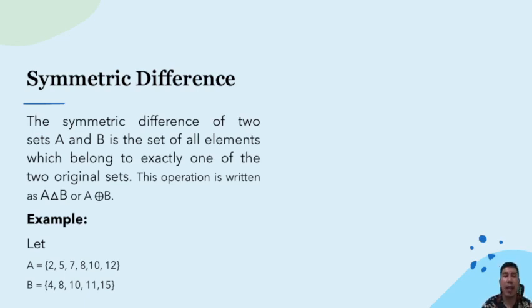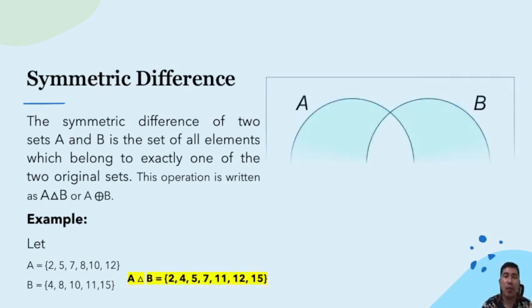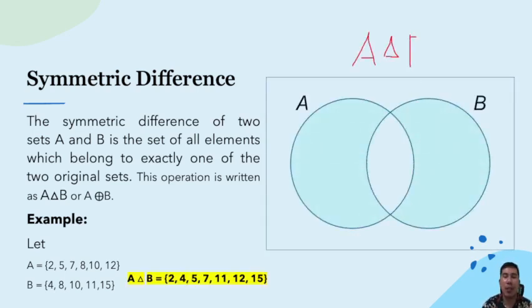Using the same elements we had earlier, if we get the symmetric difference of the two sets, we eliminate the elements that are common to both, leaving the elements 2, 5, 7, 12, 4, 11, and 15.